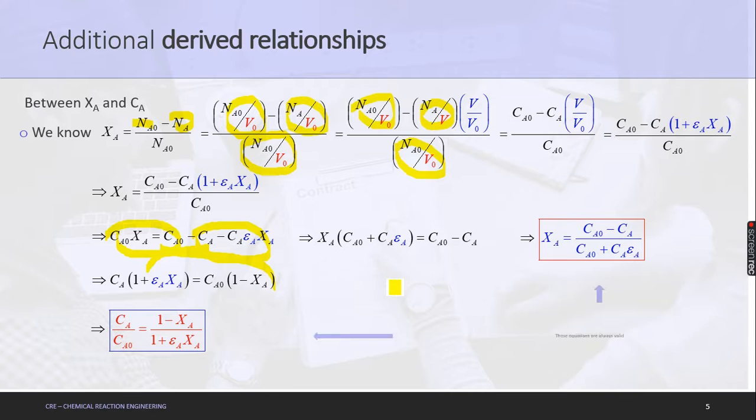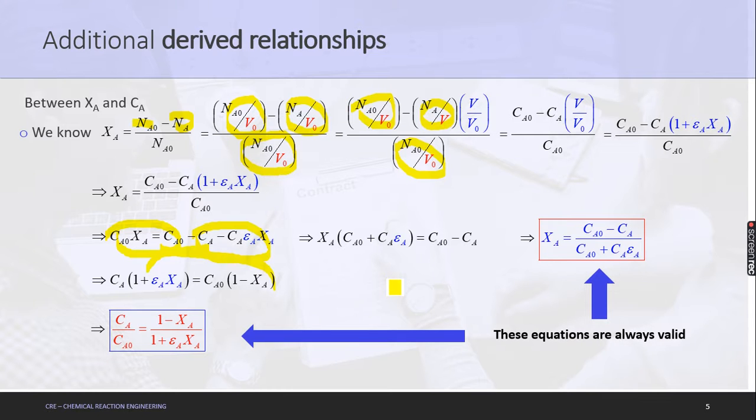So these two equations are equivalent, and they are also always valid. When we know CA we can calculate XA, or the opposite way, we can convert CA in terms of XA. Whichever is useful, depending on the equation, can be used for our analysis.